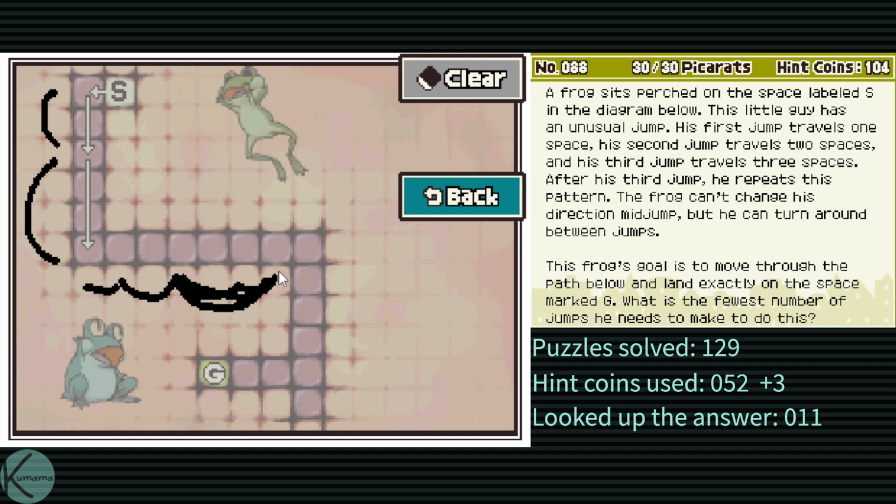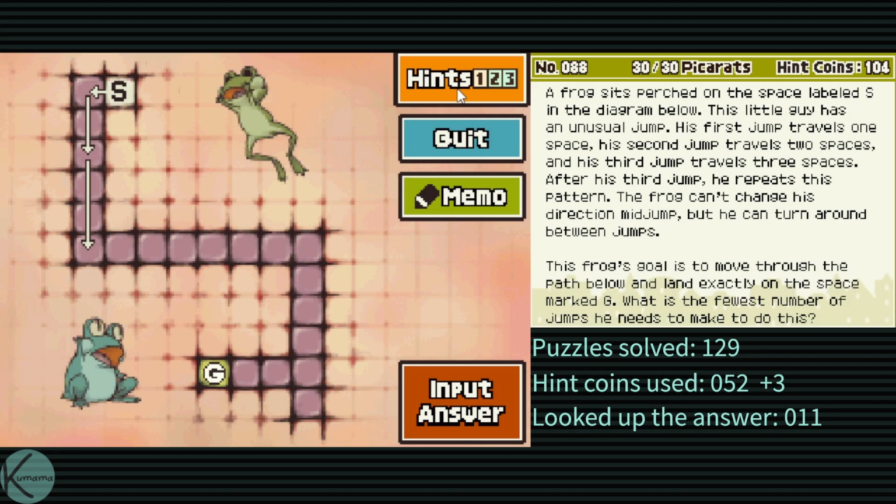Puts him right back. Unless he goes 3, but then, yeah, that doesn't work because it's just resetting to what he would be like. So if he just goes back 1, I need a hint.